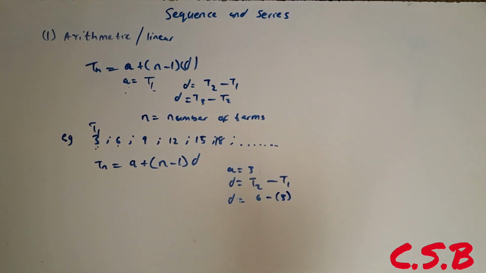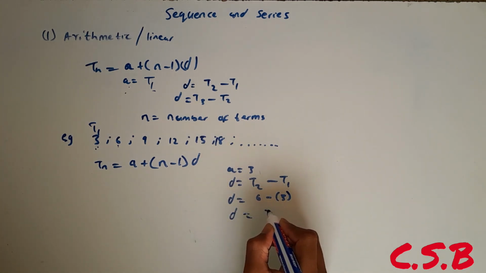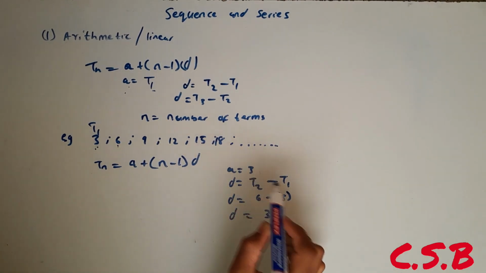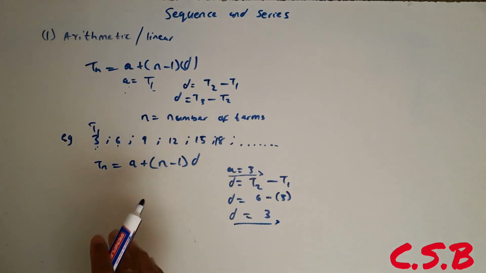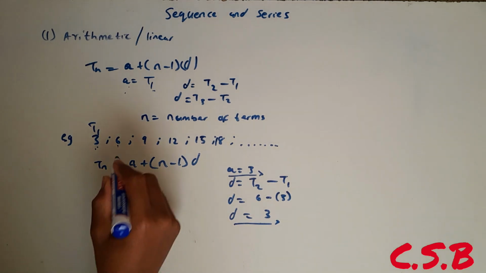All the time, don't forget to put your brackets when you substitute. So d will be equal to 3. So we have our a, we have our d, so we can now find the equation for this sequence.